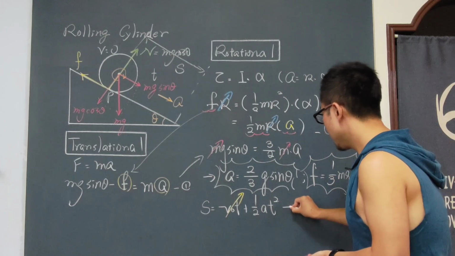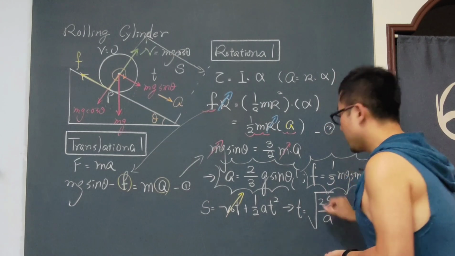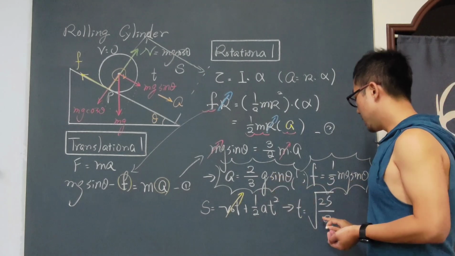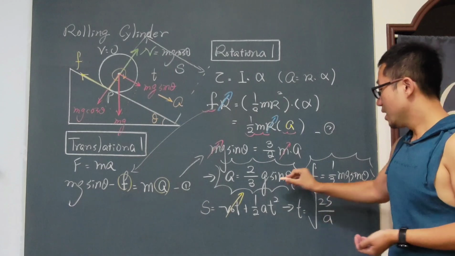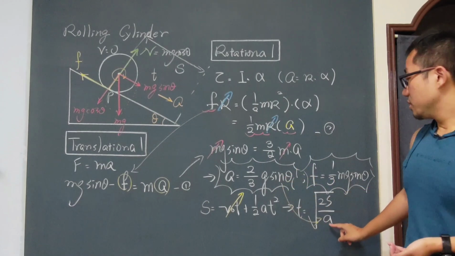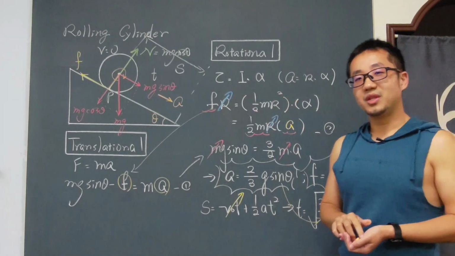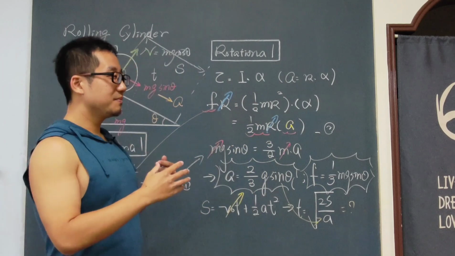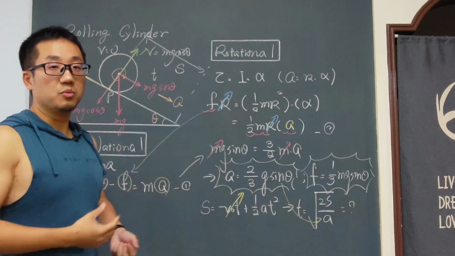So the time t is equal to the square root of 2s divided by the acceleration. You can plug in a, and the a is 2/3 g sine of theta, and replace the denominator so you can get the time for your cylinder to roll down this inclined plane. All right, so this is the SOP, the standard operating procedure for solving this rolling problem.